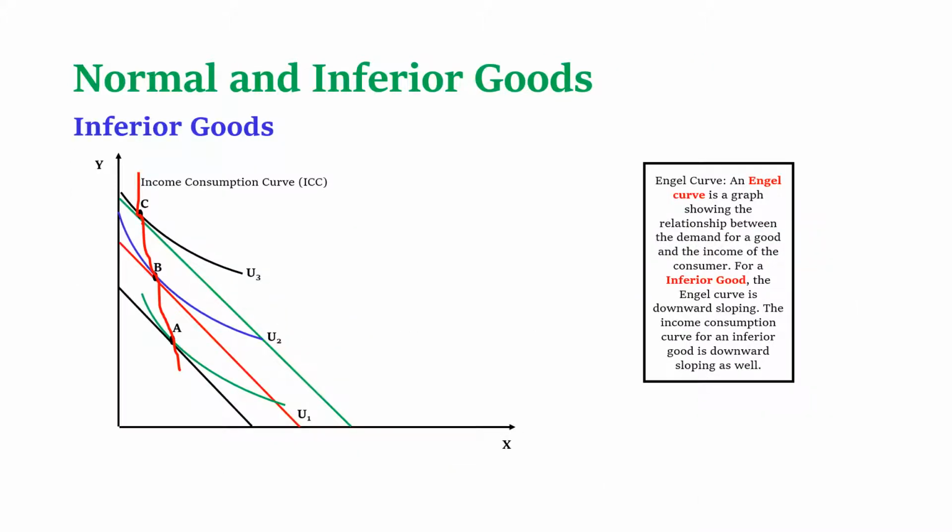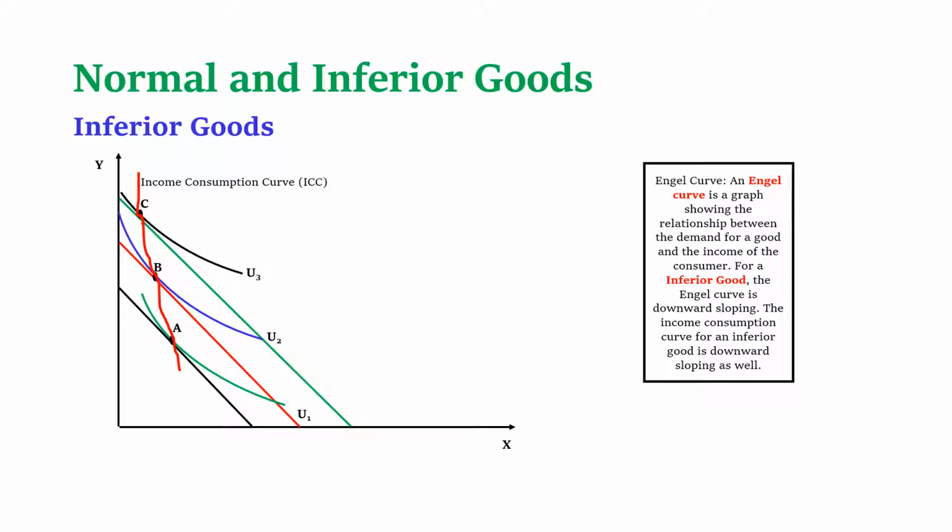So now let's look at normal and inferior goods. Now we're going to look at the income consumption curve here for all normal goods and then inferior goods. In the case of inferior goods, if we look at this income consumption curve, we notice that the successive points of tangency are all to the left of the original point of tangency.